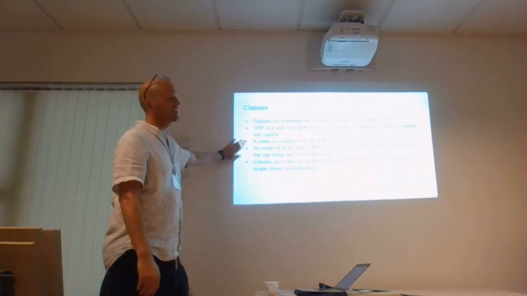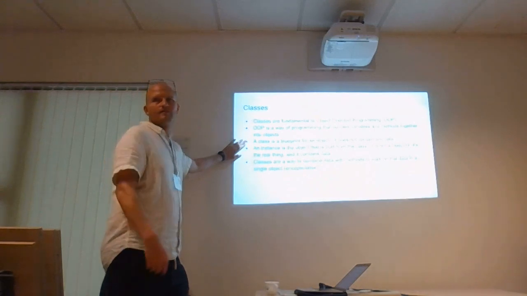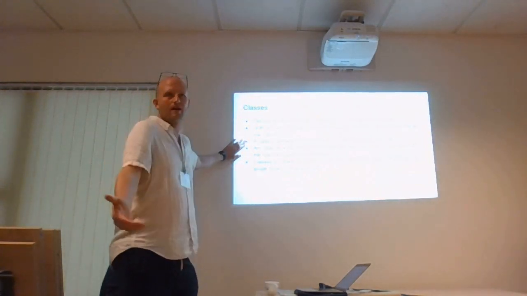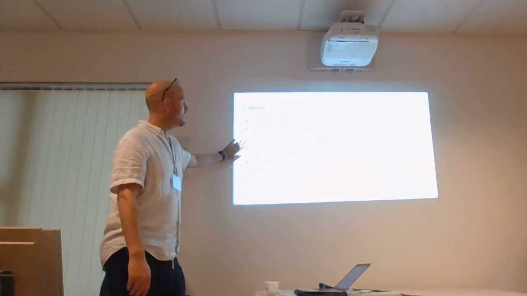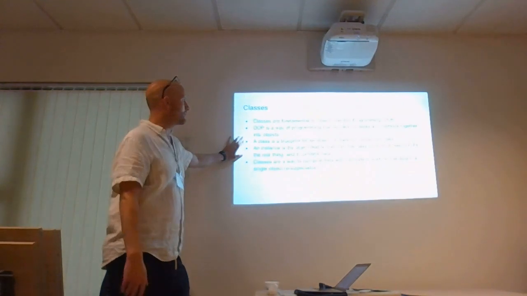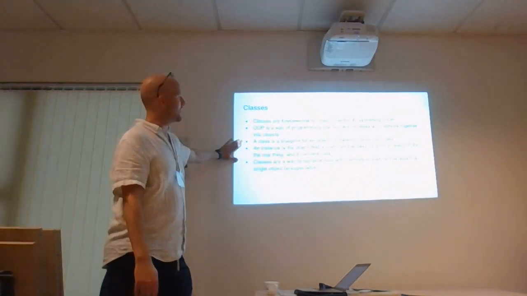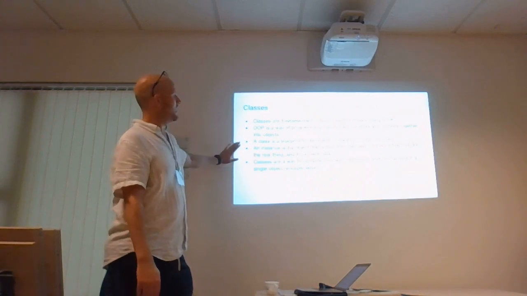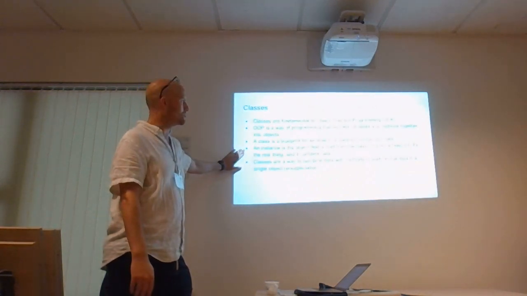It doesn't contain any data in the same way that, when you define a function, it doesn't do anything, right, until you run it with some input data. And the class is the same, so you have a class and then you make what you call an instance of that class. So the class is like the blueprint, and then you instantiate an object from the class.